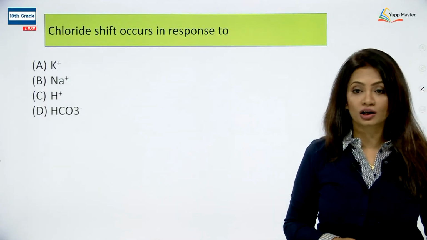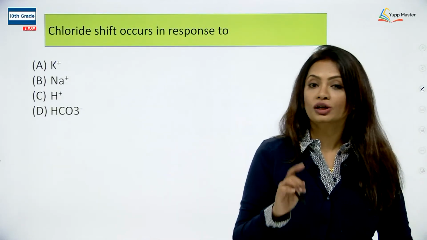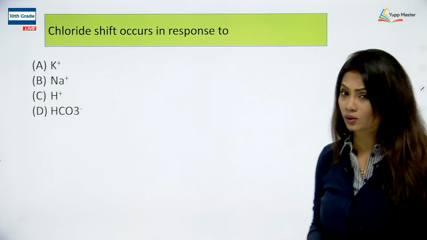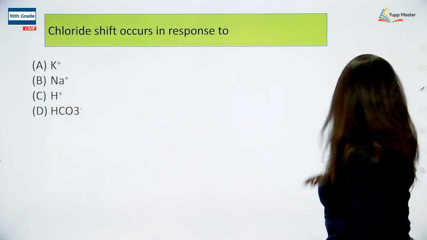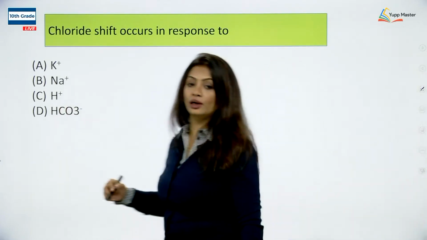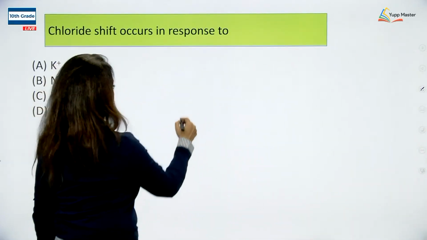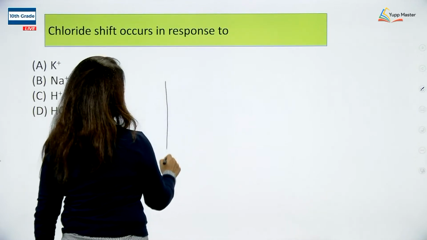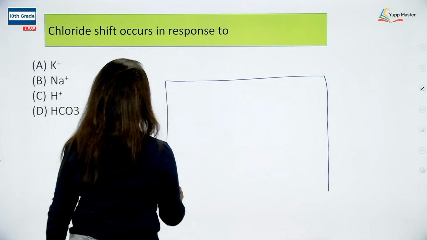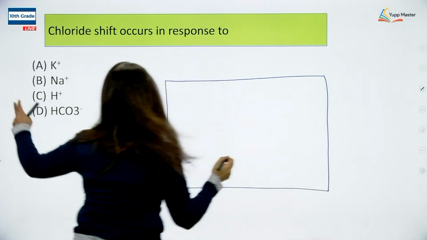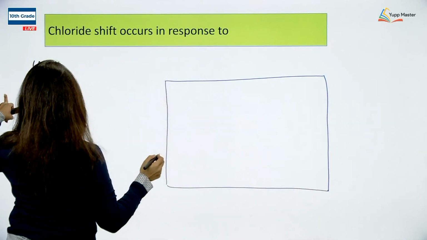Alright, coming to the next question. Chloride shift occurs in response to... Do you remember what chloride shift was all about? Well, let's just remember it with the help of the diagram that we had drawn when we studied the chloride shift. Okay, so right now I'm going to be drawing a slide. Let's say we're talking about a small area of our blood.